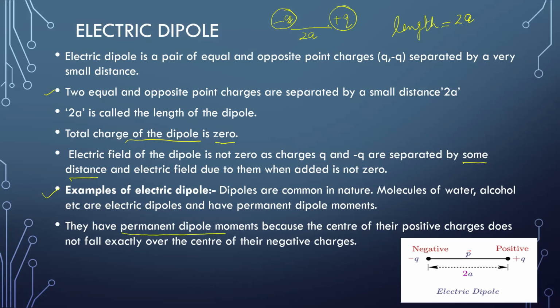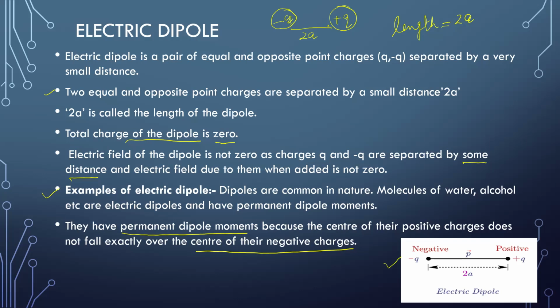They have permanent dipole moments because the centers of their positive charge do not fall exactly over the centers of their negative charge. When the center of the positive charge and the center of the negative charge do not coincide, the molecule has a permanent dipole moment.